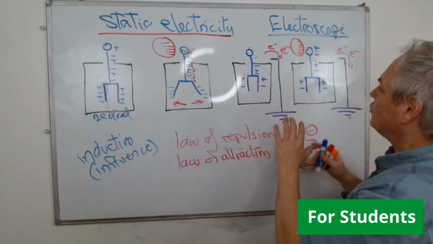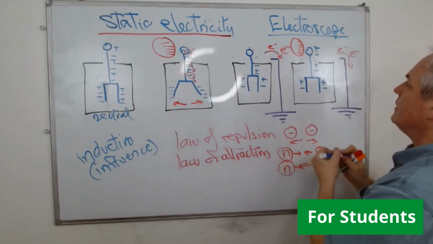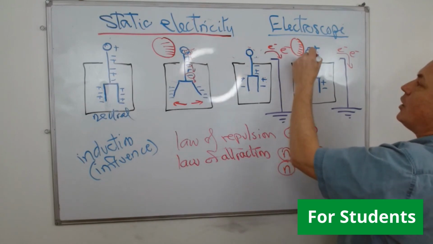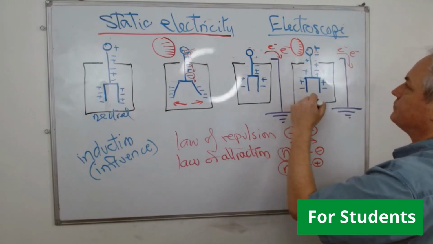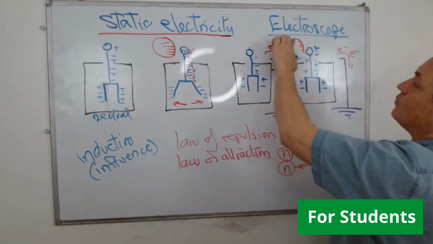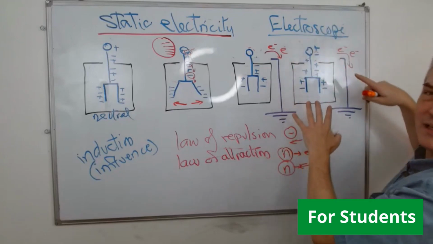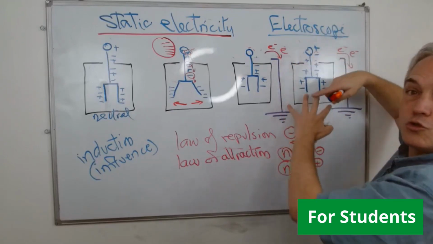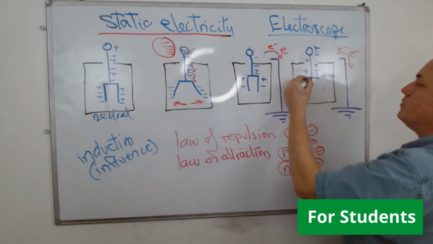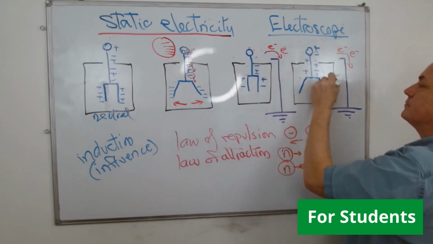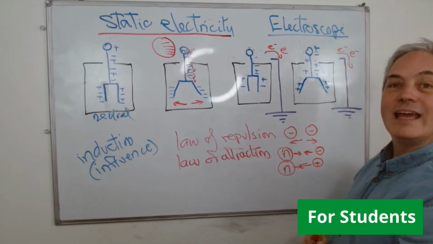So the experiment we're going to try now is that if electrons have moved out, that means we have a few more positive charges than we had earlier. Therefore, when we take away this balloon, all the electrons will spread as far as possible from each other, and the consequence will be a positively charged electroscope.